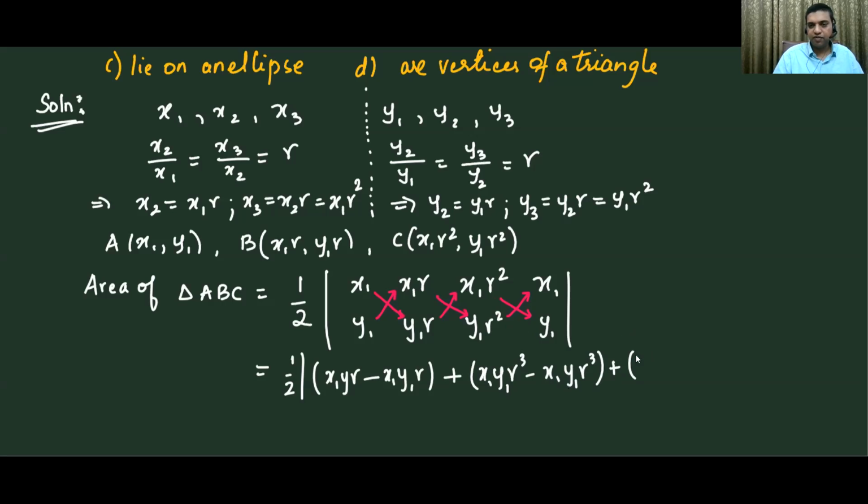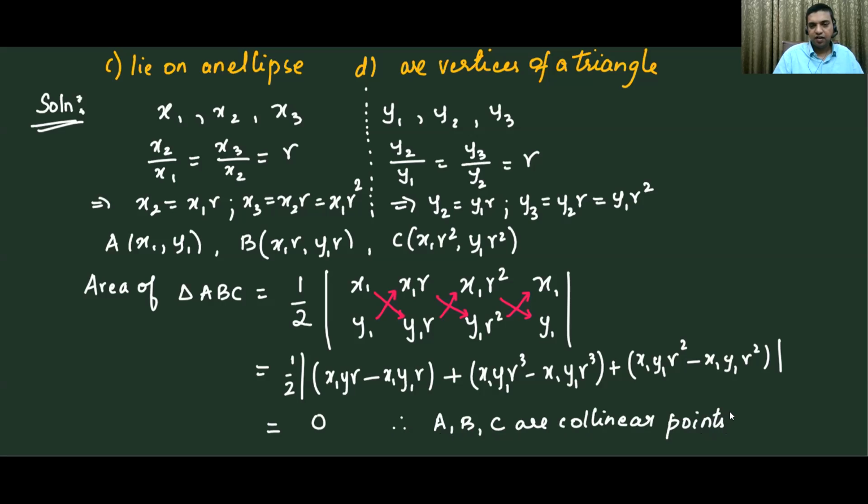Then you get x1 y1 r square minus r square. So in this particular solution, this minus this is 0, this minus this is 0, this minus this is 0. That means area of the triangle is 0. That means therefore A, B, C are collinear points.